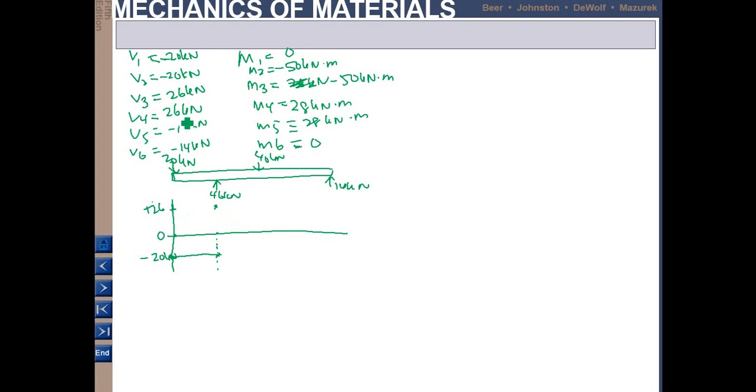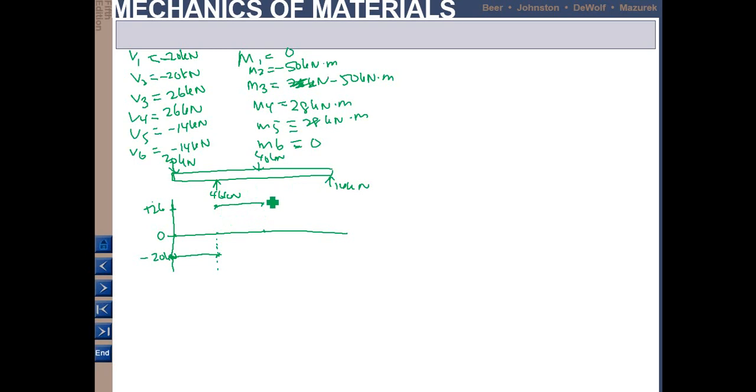And then V4 is 26 kilonewton, so 4 is here. So you get a straight line because from point 2 to point 3 there are no forces there, so the shear force diagram is a straight line.